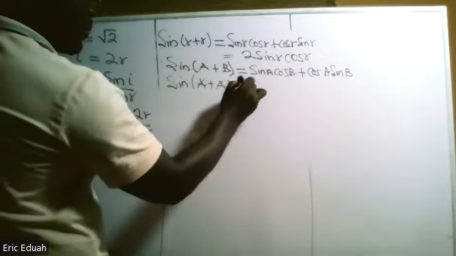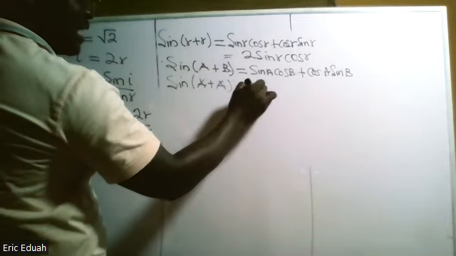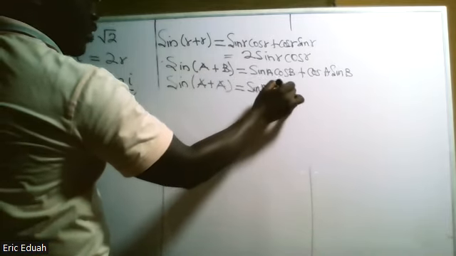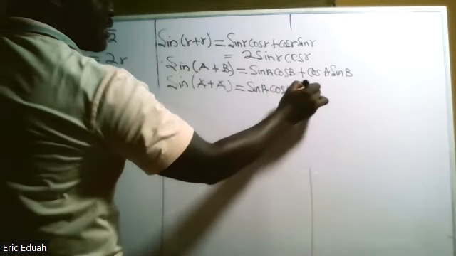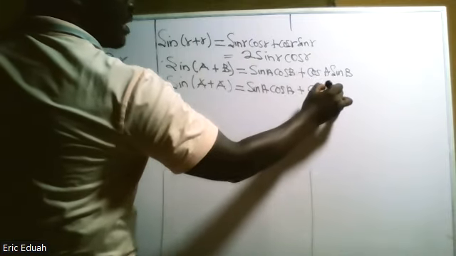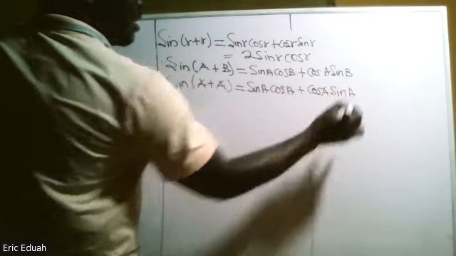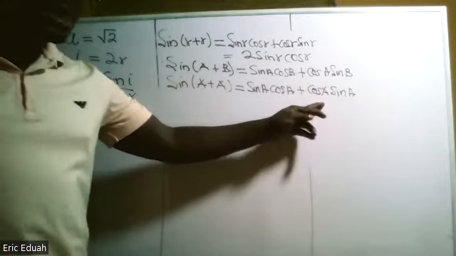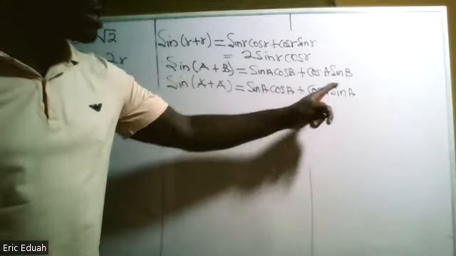If you expand this, it is sine a cos a plus cos a sine a. Multiplication is commutative, so cos a sine a is the same as sine a cos a.